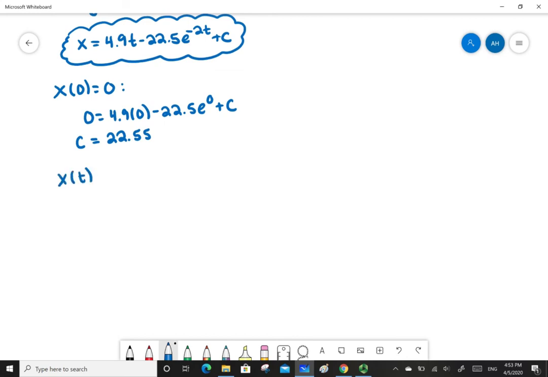So x of t is 4.9t minus 22.5 e to the negative 2t plus 22.55.